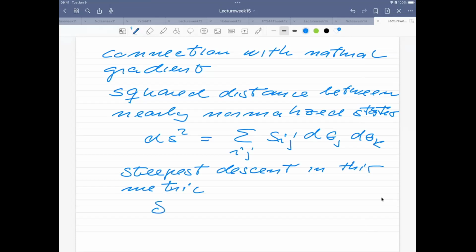gives us a parameter delta theta, which is proportional to minus S inverse times this vector g, which is exactly what's normally called the natural gradient update. So this stochastic reconfiguration, which we discussed now, is the kind of natural gradient method which is specialized to variational quantum states.